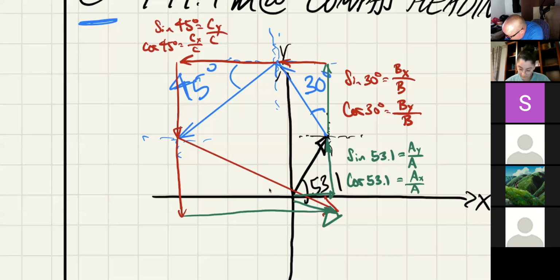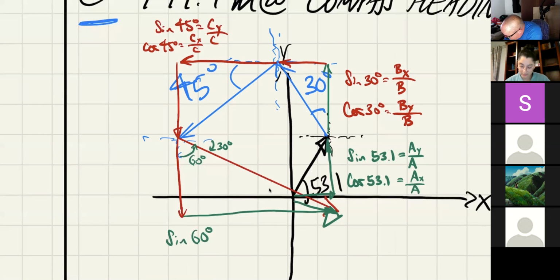And in fact, this angle is 30 degrees, so this angle must be 60 degrees. So I could say sine of 60 degrees is opposite, which is your x component, so that's D sub x over hypotenuse, which is D. And cosine 60 degrees is adjacent, which is D sub y over D.